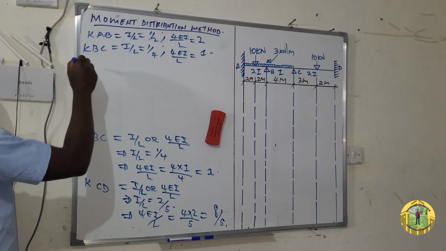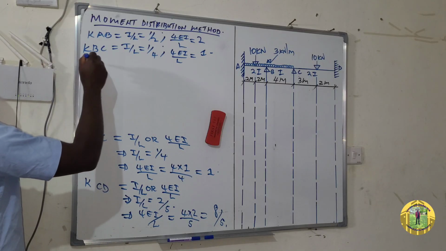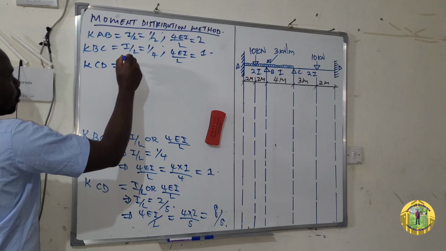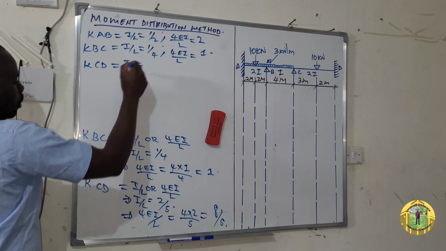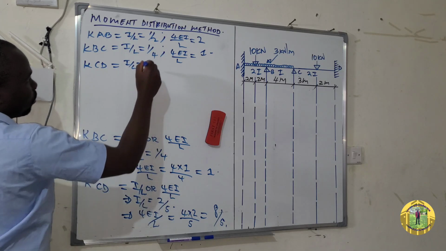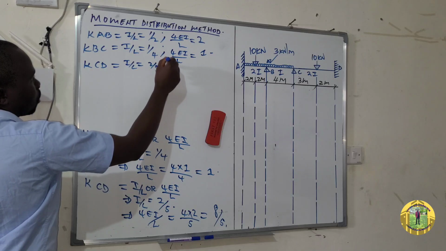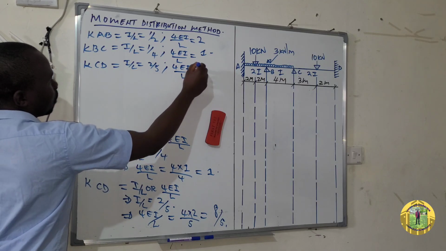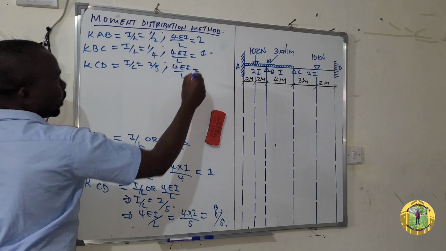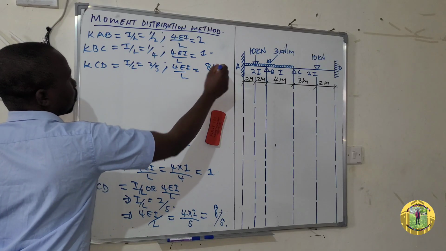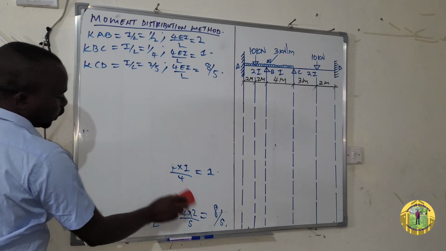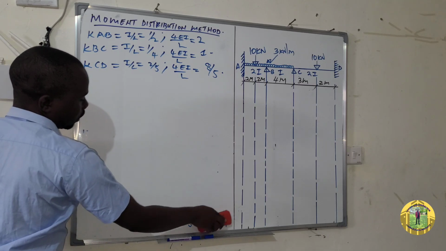Then you proceed to KCD. So this one is equal to I over L is equal to 2 over 5, and 4EI over L is equal to 8 over 5, like that. And then you proceed to distribution factors.